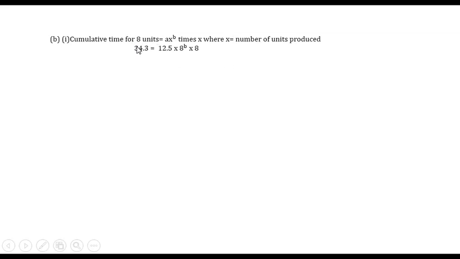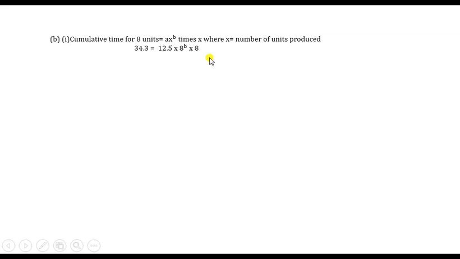We are given the total time, 34.3. The time for the first unit a is 12.5, times x^b. How many units? This time was for 8 units. So 8^b, we don't know the b now, times the number of units produced here, which is 8.